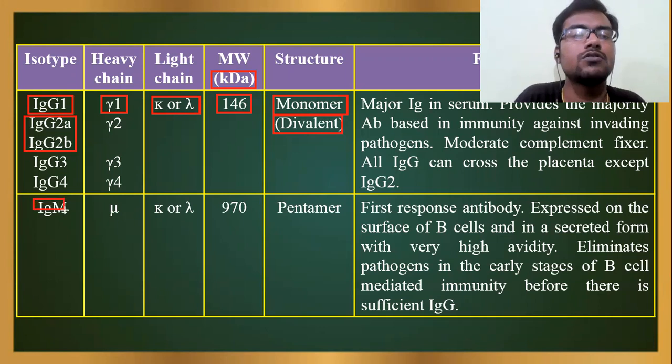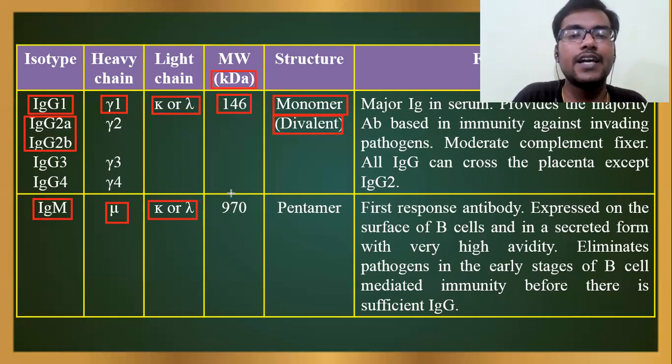Then comes the isotope or antibody immunoglobulin M, or IgM. They have a heavy chain mu for M, and they have a light chain either kappa or lambda.